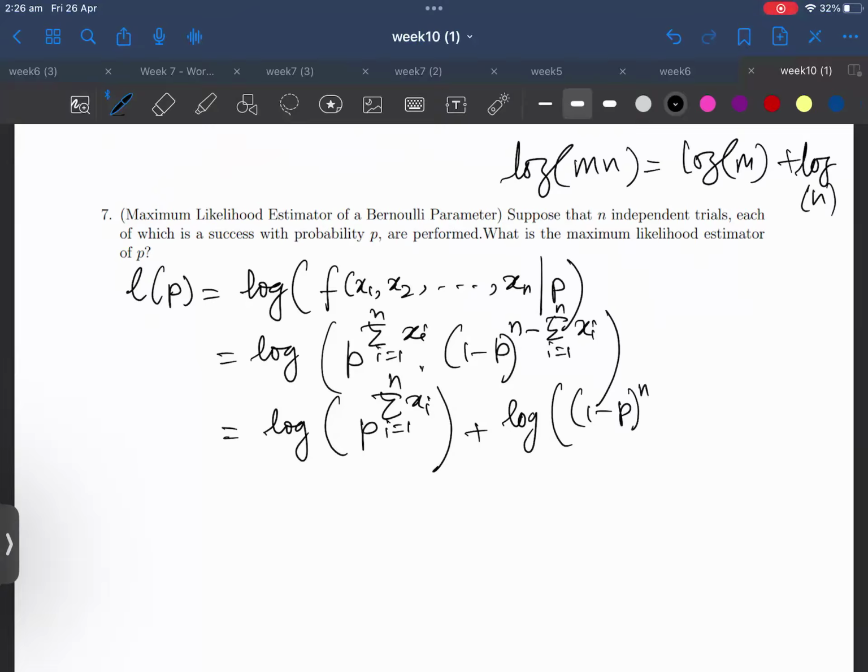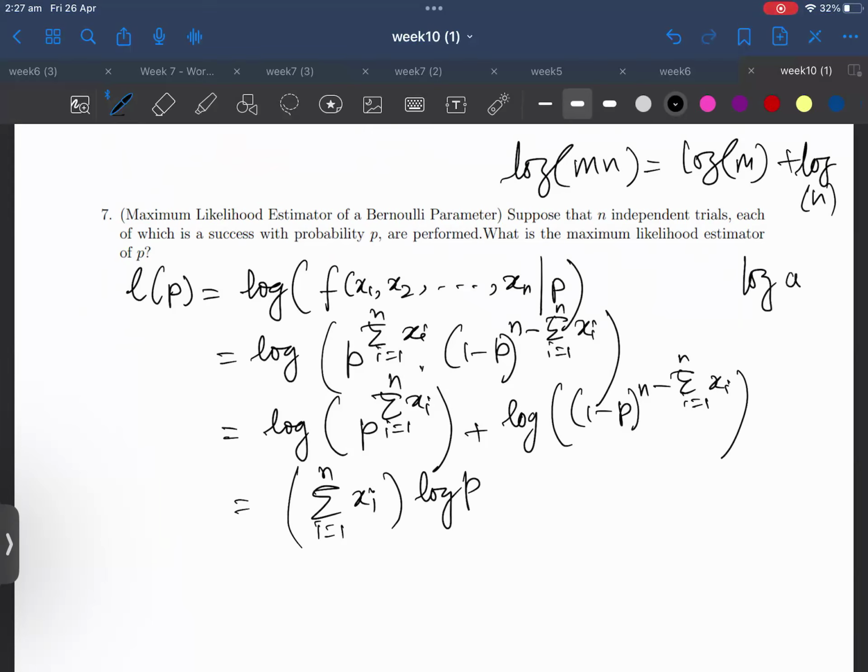So n minus summation of i equal to 1 to n of xi is here. So summation of xi times log of p. If you have a log of a to the b, you can write b log of a. You know that.